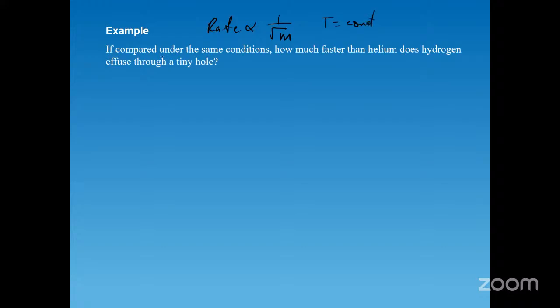Okay, so this question says, if compared under the same conditions, how much faster than helium does hydrogen effuse through a tiny hole? So basically what this question is saying is comparing the rate of effusion of hydrogen to that of helium. All right, so based on Graham's law of effusion, that would be equal to the square root of the molar mass of hydrogen divided by the molar mass of helium.